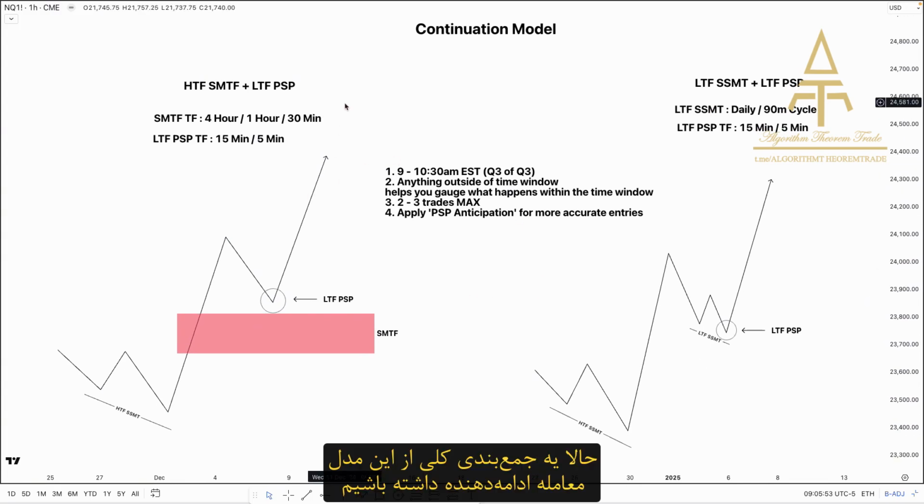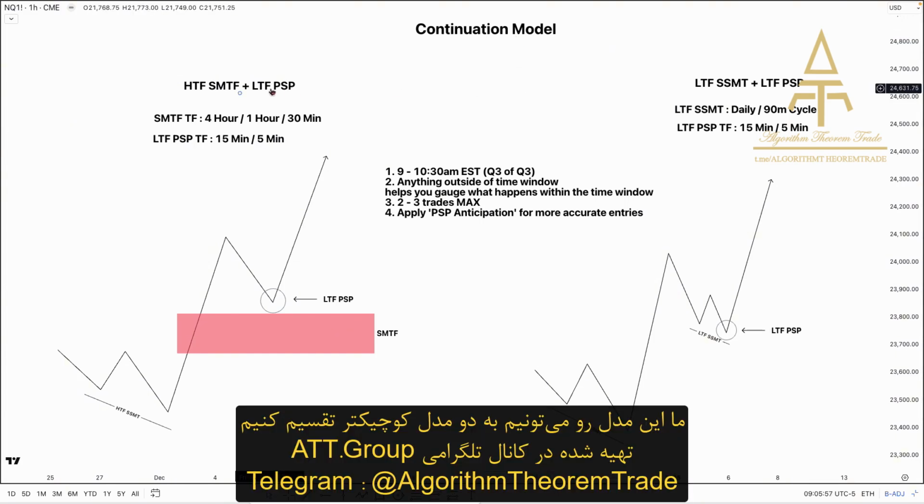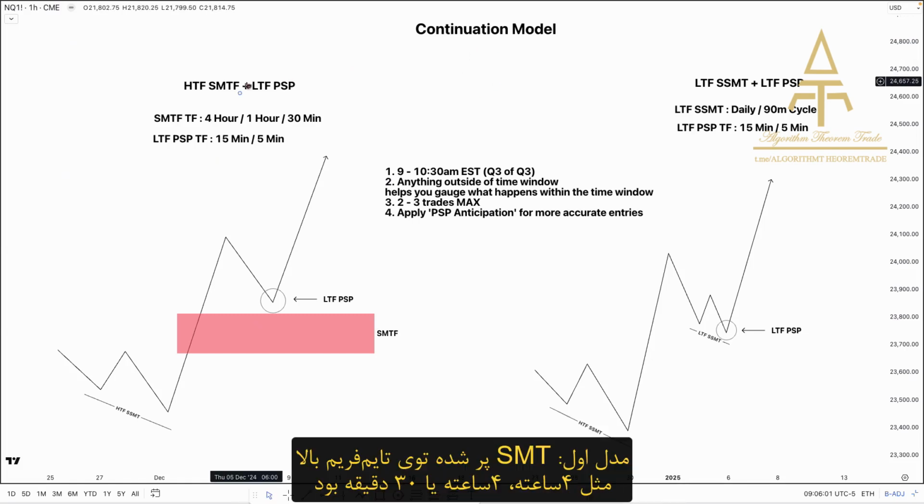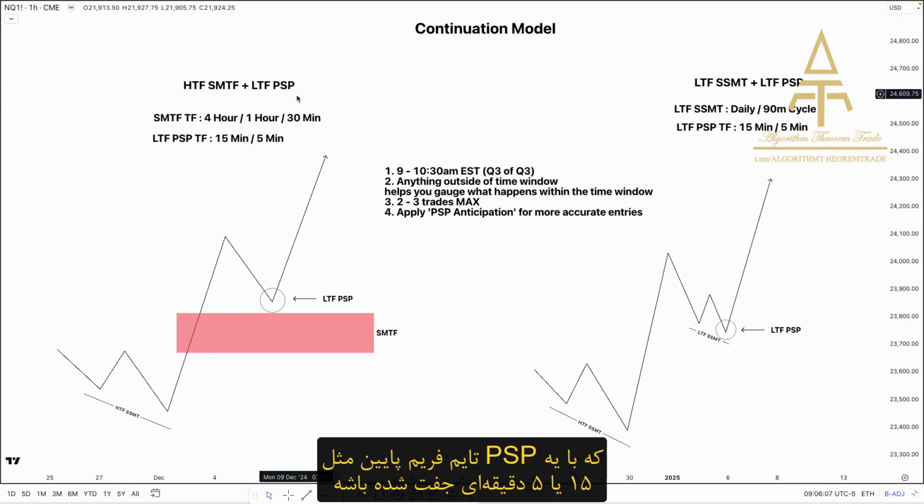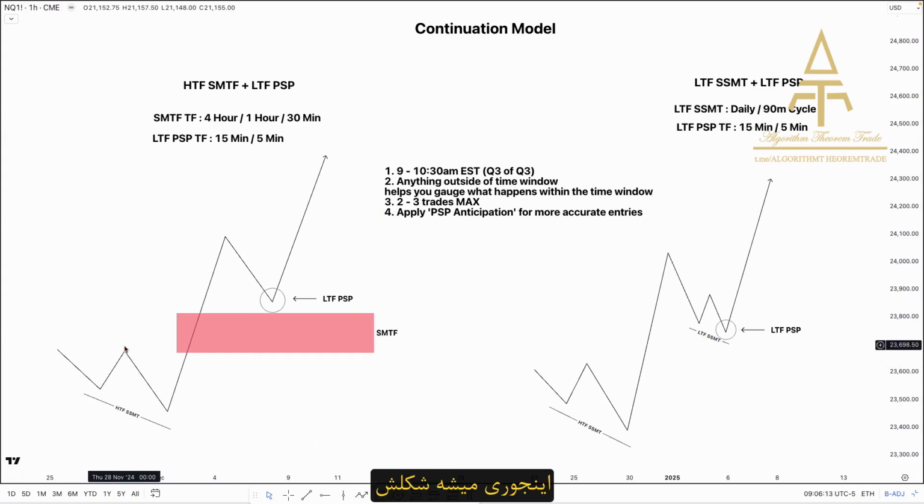So just to recap, our continuation model, we can break it down into two different models within the one. The first one is a higher time frame SMT fill on the 4-hour, 1-hour, 30-minute chart, paired with a lower time frame precision swing point on the 15-minute or 5-minute chart. And we have what this looks like here.